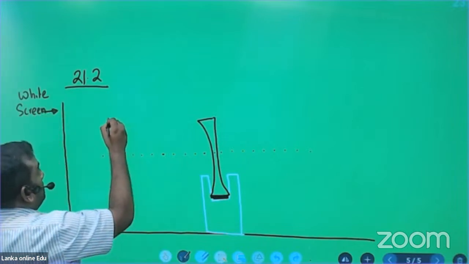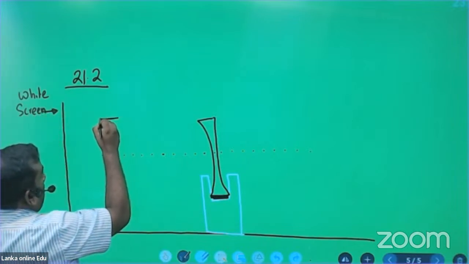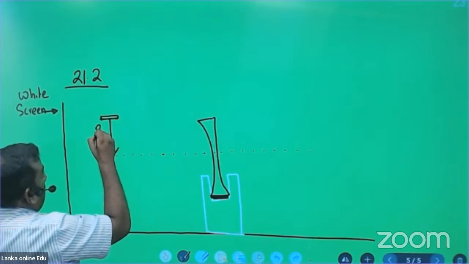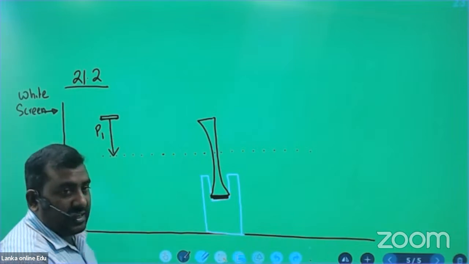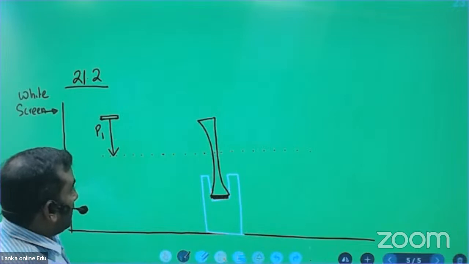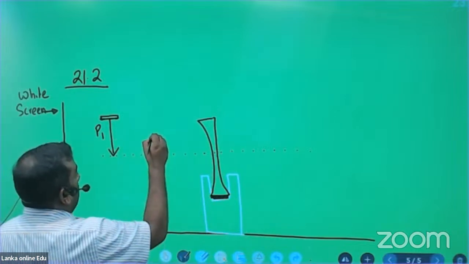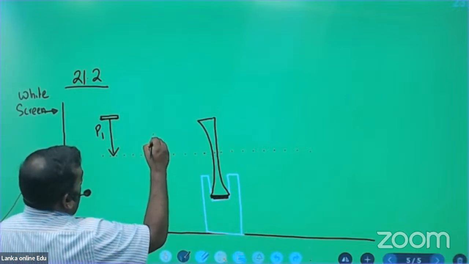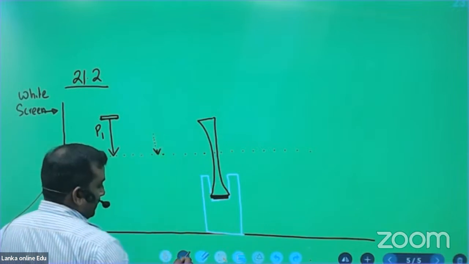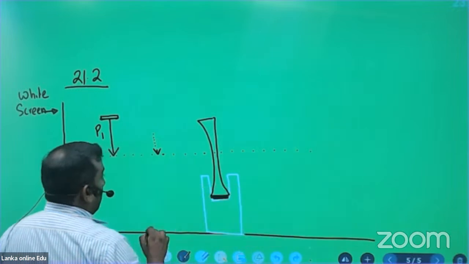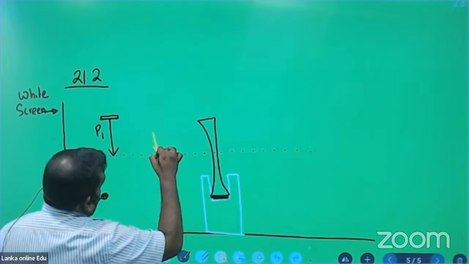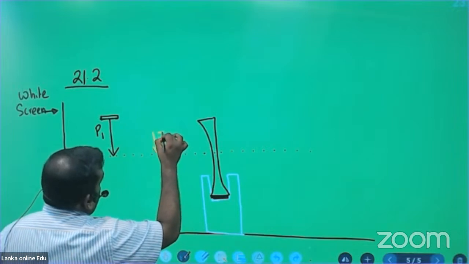What we do is, we hang the pin using a peg line. When we hang the pin, what will we get? Virtual upright diminished image, no? There you go, the image.